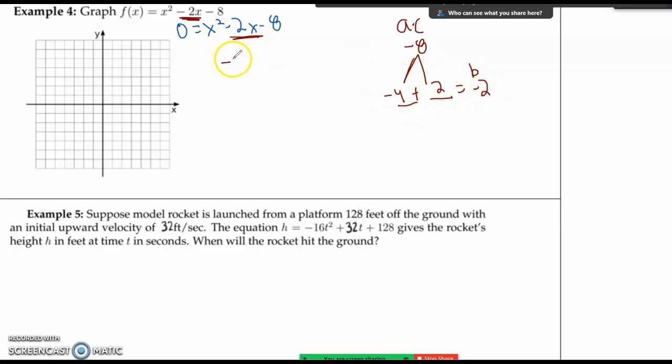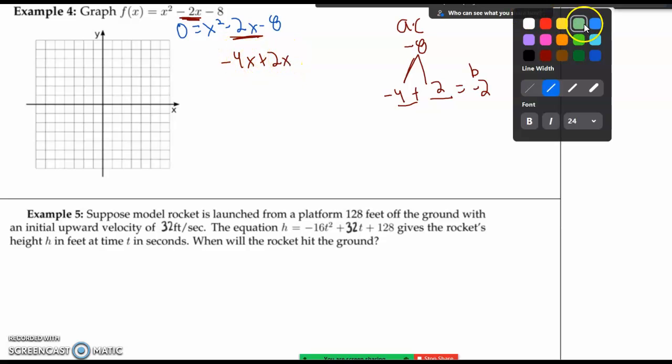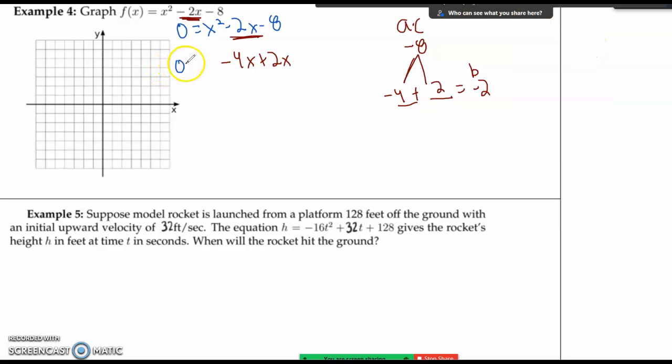So I'm rewriting my negative 2x as negative 4x plus 2x.